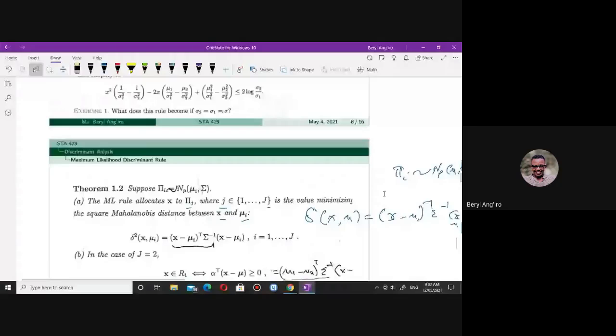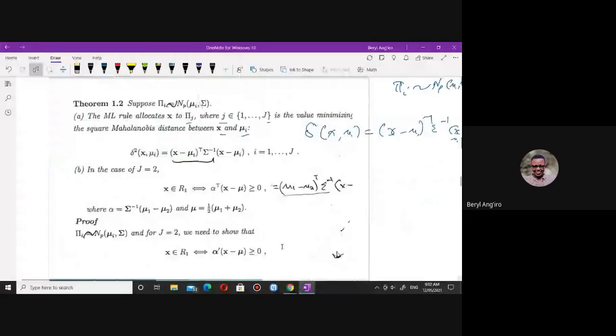In the case when we have two populations, then we have that phi transpose (x minus mu) is greater than or equal to 0, where phi is given by Sigma inverse (mu1 minus mu2), and mu in this case is given by a half (mu1 plus mu2).